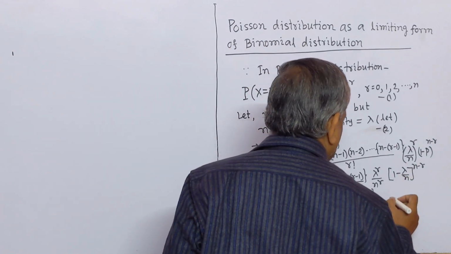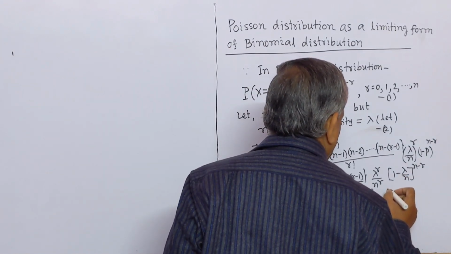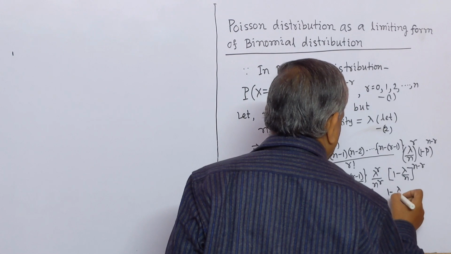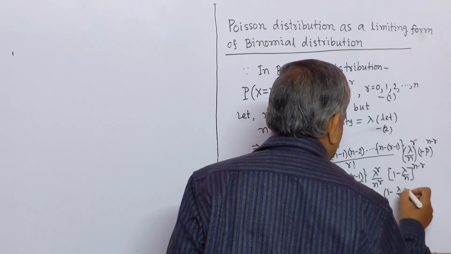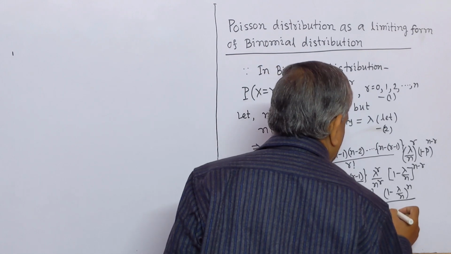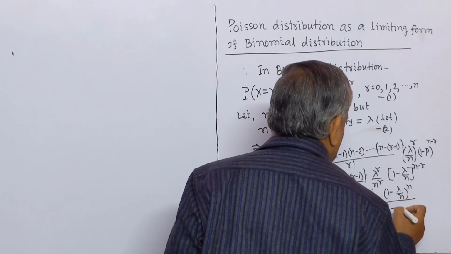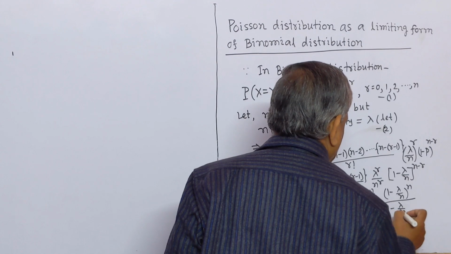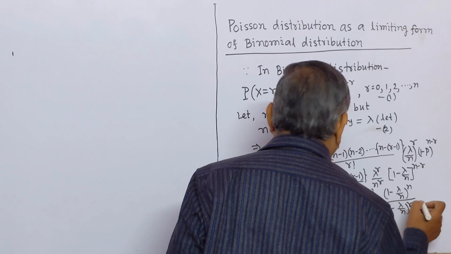Here we may write this as 1 minus lambda by n to the power n, divided by 1 minus lambda by n to the power r.